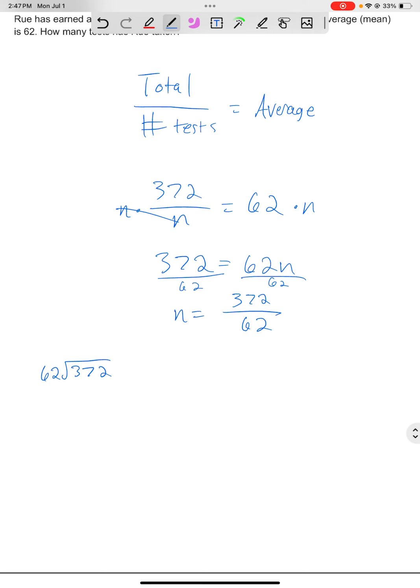And so here, 62, well, we'll just think about how 6 is going to go into 37, which is going to be 6 times, right? 6 times 6 is 36, so I've got 360, but then with the 6 times 2 is 12, so I've got 360 plus 12.